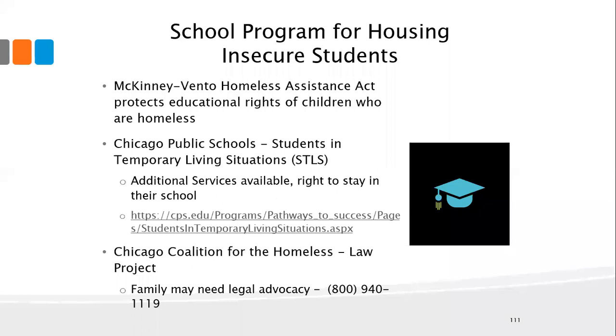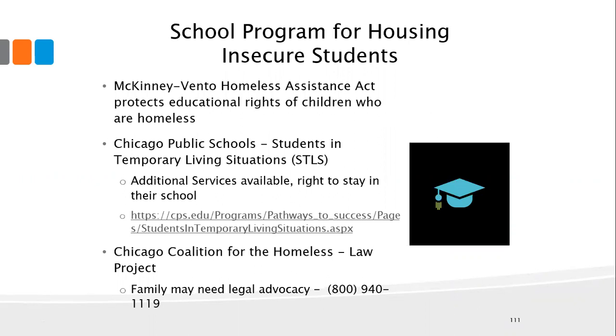And then there is assistance to children in pre-K through 12th grade and their families through, I think it was mentioned earlier, the Chicago Students in Temporary Living Situations program. This program was created to protect the educational rights of children currently experiencing homelessness or housing insecurity.